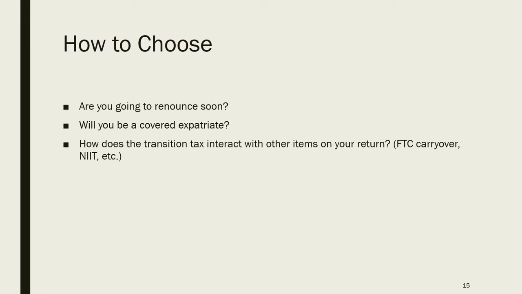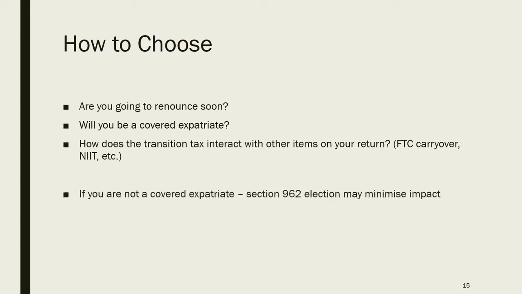You have to run the numbers. You don't know because all of these things can interact with other items on your return. Whether you have a foreign tax credit carryover, whether you're subject to the net investment income tax. There's all sorts of other thresholds based on AGI, et cetera, that can make an impact in how much tax you end up paying for this.